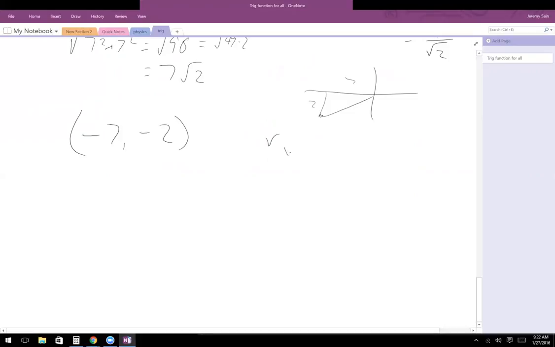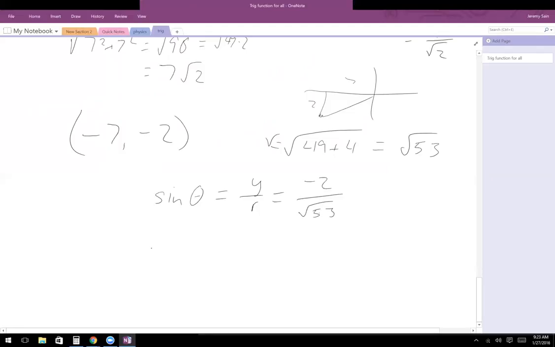So it's going to be the square root of 49 plus 4, which is root 53. Okay. So sine is x over r or y over r? Sine? Yeah, sine is y. So y over r is negative 2 over root 53.